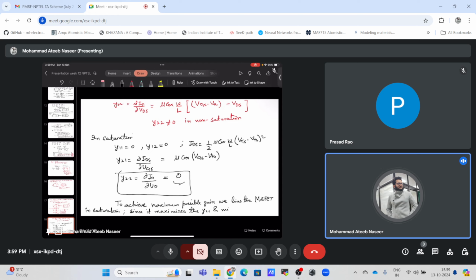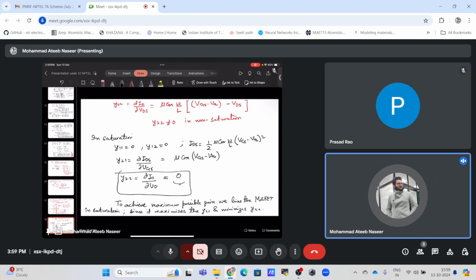Ideally it should be 0, but in real cases it isn't. Okay, so this is the main reason why we bias this MOSFET transistor in the saturation region.